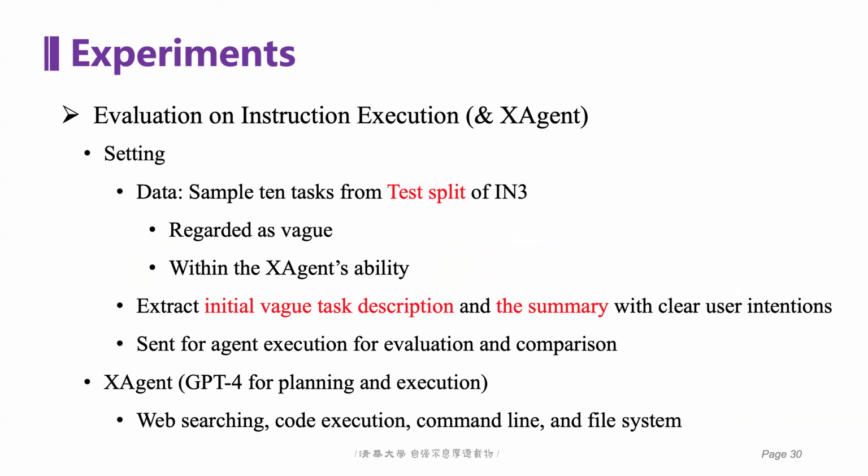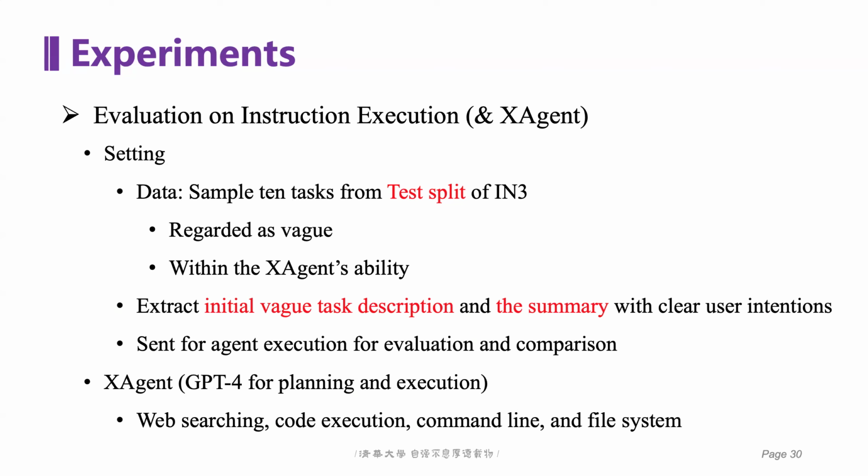And here in the experiment, we use the X agent. It's a task solving agent that can help people automate some tasks like searching online using tools. We want to see if the real world agent, like X agent, incorporates our trained module, whether the agent task can be carried out in a more efficient way.